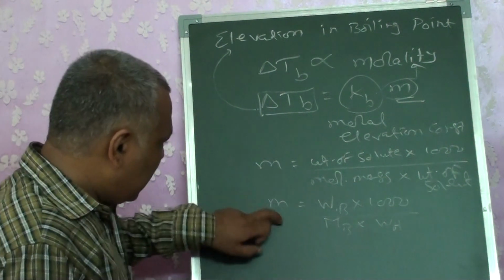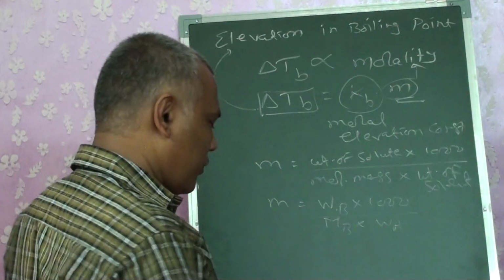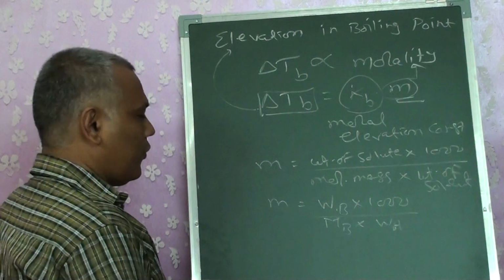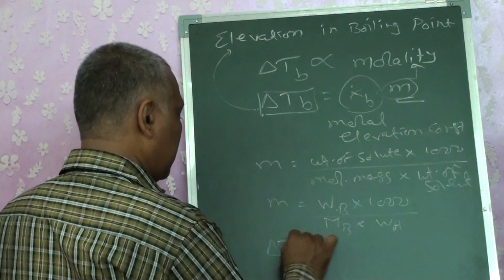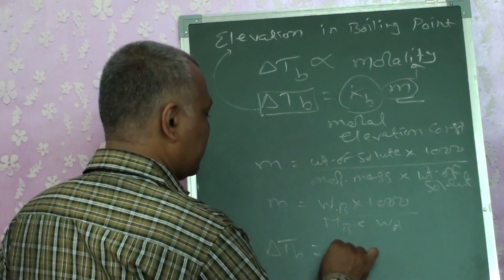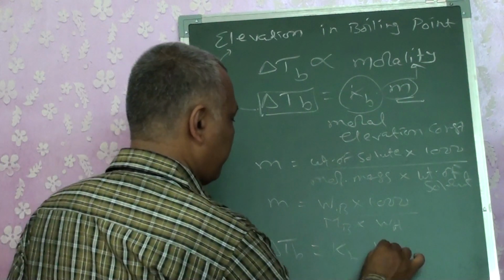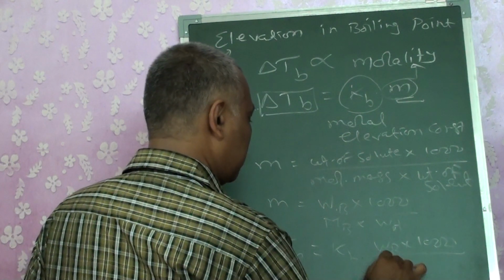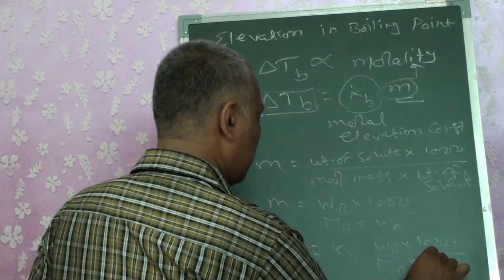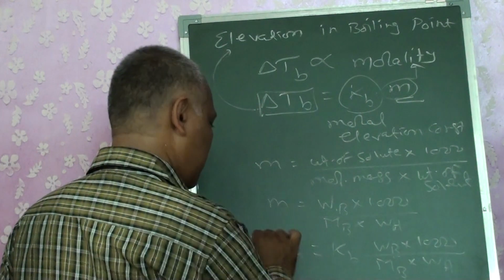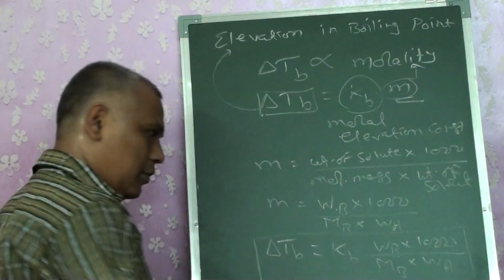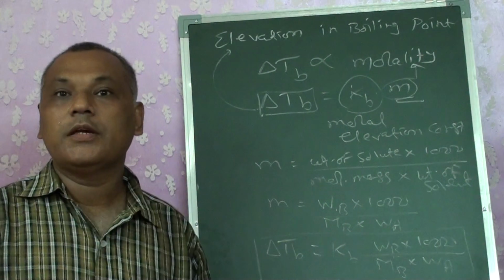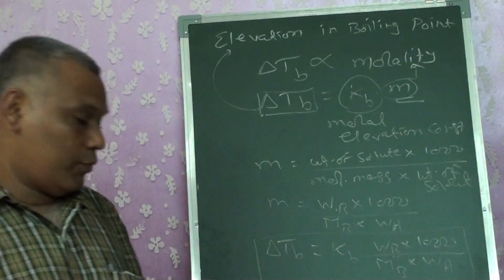Substituting this in the given formula, we get delta Tb is equal to Kb WB 1000 upon MB WA, the formula to calculate the elevation in boiling point.